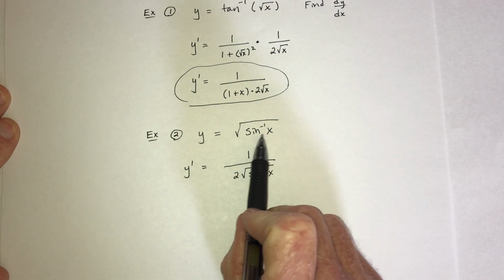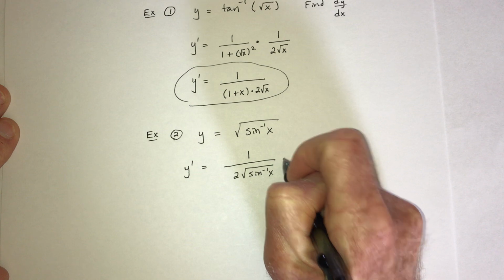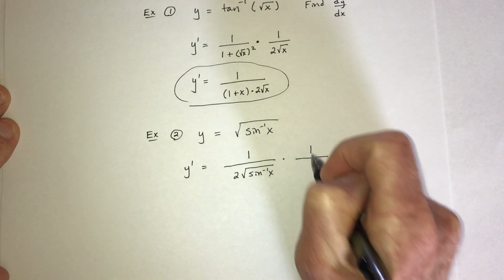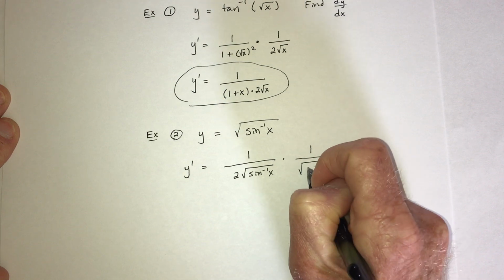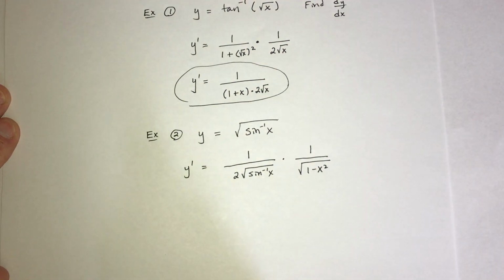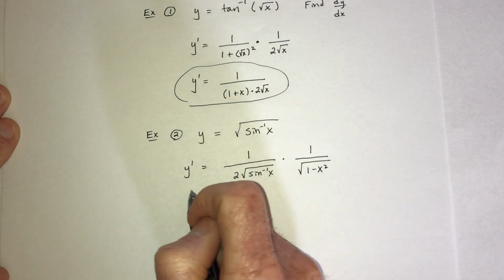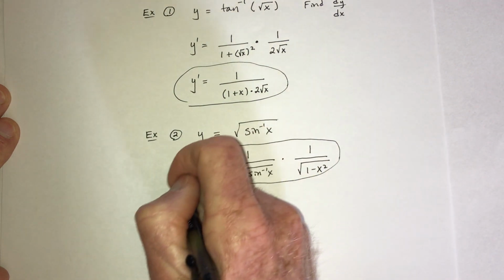Now do the chain rule. Take the derivative of the inside. And because I have it memorized, I know that the derivative of sine inverse is 1 over the square root of 1 minus x squared. And this one can't really be simplified, so it's done.